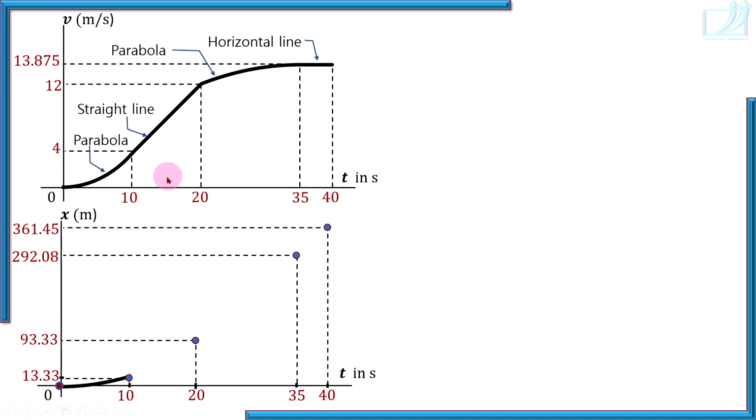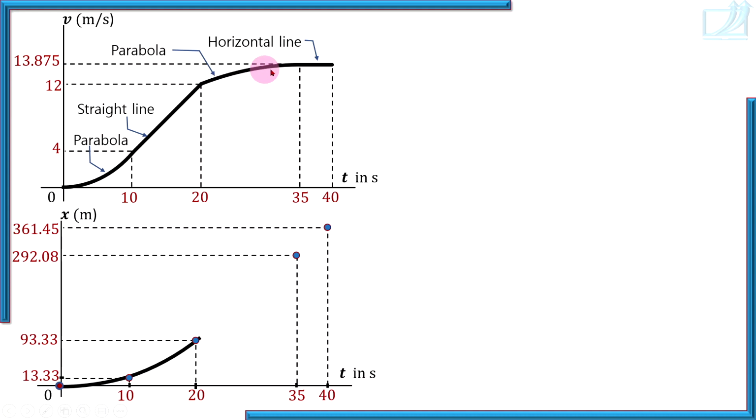Now 10 to 20, whether velocity is increasing? Yes. From t equal to 10 to t equal to 20, velocity is increasing. So again, from t equal to 10 to t equal to 20, you should draw an increasing slope curve. So this is again a curve that suggests increasing slope. Now 20 to 35, tell me whether velocity is increasing. Why am I asking whether velocity is increasing? Because velocity is the slope of the xt curve.